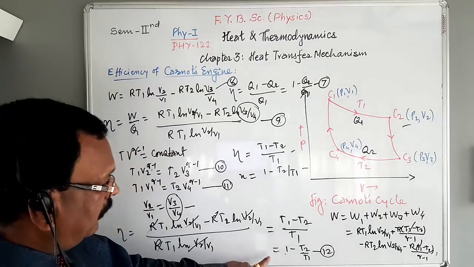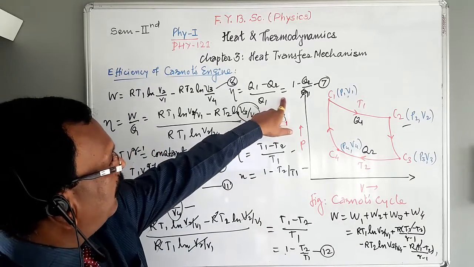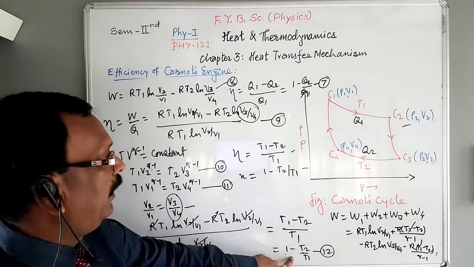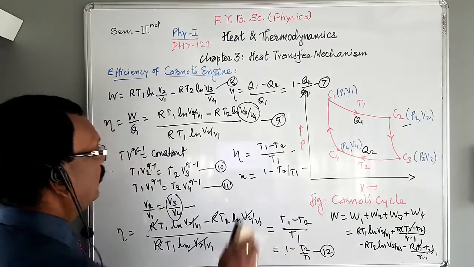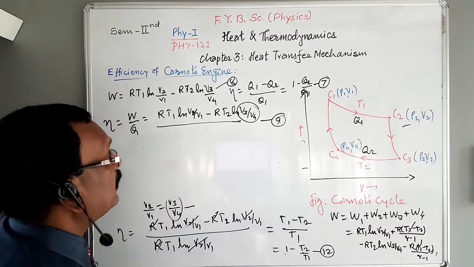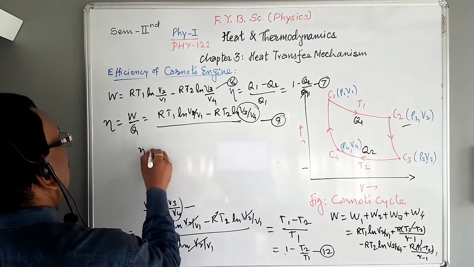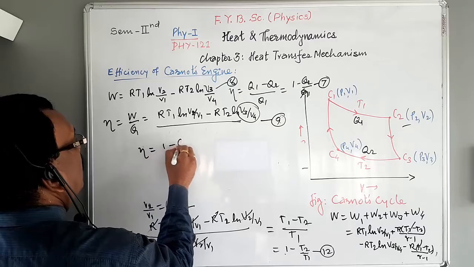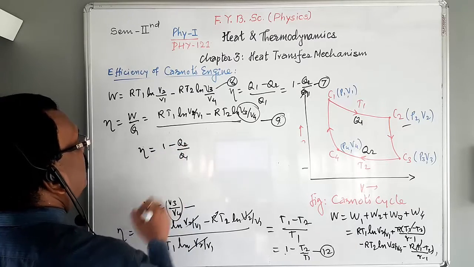Now from equations 7 and 12, what is equation 7? Equation 7 is eta is equal to 1 minus Q2 upon Q1.